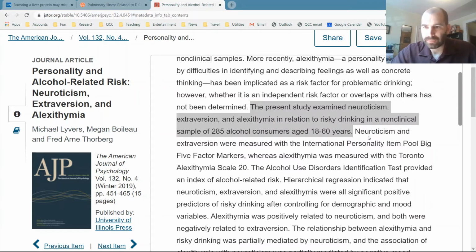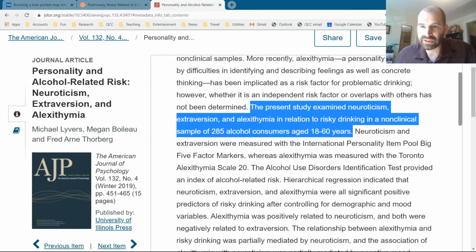Okay, so here, can we really tell? I don't think from this sentence alone we can tell. They're saying that they're related. Neuroticism, extroversion, and alexithymia is related to risky drinking. So there are these three things, neuroticism, extroversion, and alexithymia, and then there's risky drinking. I can interpret this two different ways.